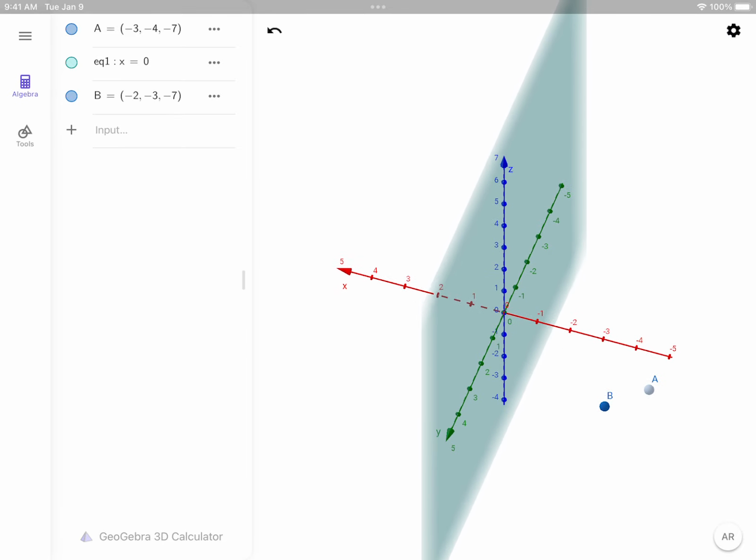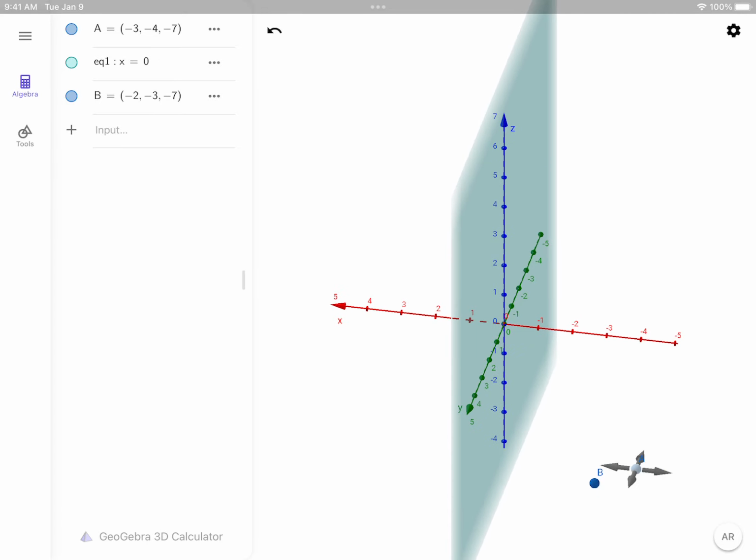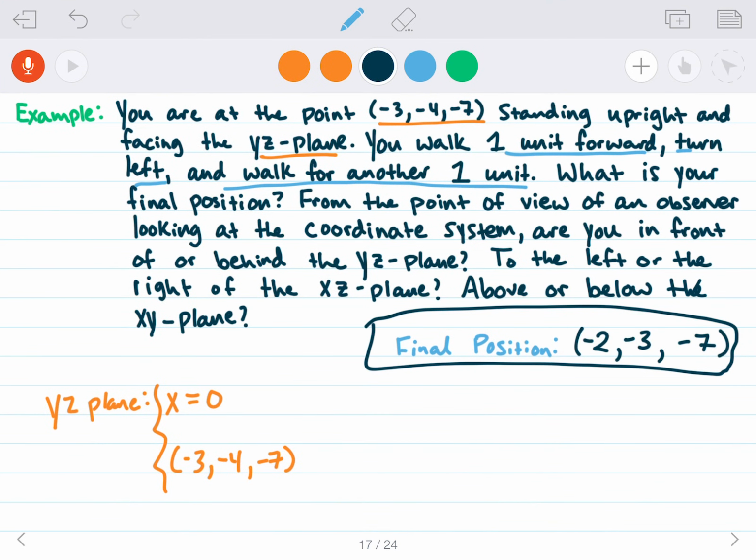And so then we're asked some questions about this. The first question we are asked is, well, we already took care of the final position. Now it says, from the point of view of an observer looking at the coordinate system, are you in front of or behind the YZ plane?